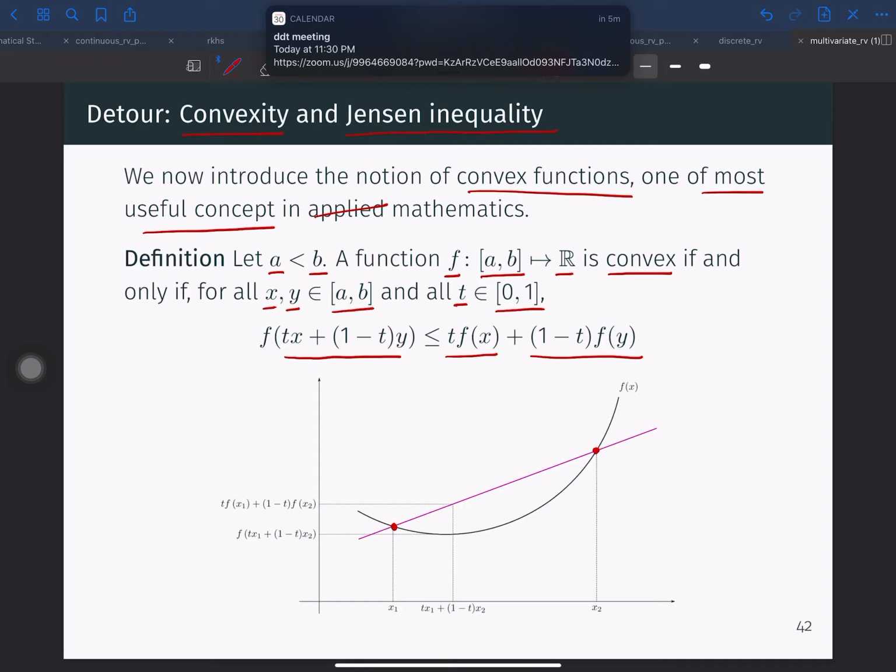The line connecting (x1, f(x1)) to (x2, f(x2)) has to be larger than the function in that interval. So that is basically the meaning of a convex function. The line between two points on that function curve is above the function itself.